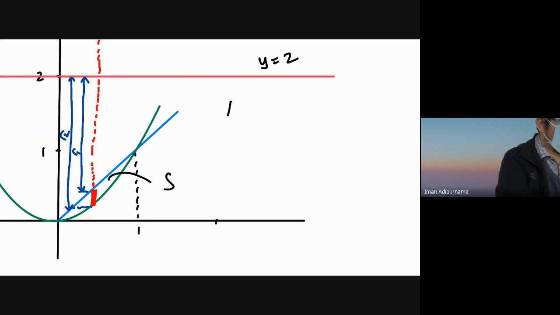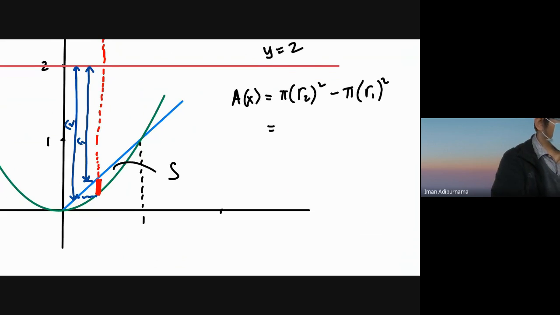So the radius is, let me just write in terms of R1 and R2. The outer radius is the green curve here, until here.